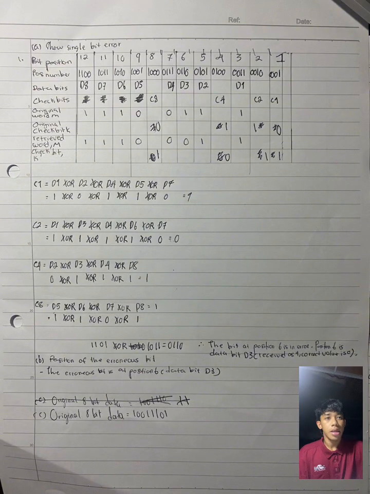For part B, position of the erroneous bit. The syndrome word is formed by combining C8, C4, C2 and C1 in that order. My syndrome is 1101, which in decimal equals position 6, data bit 3.